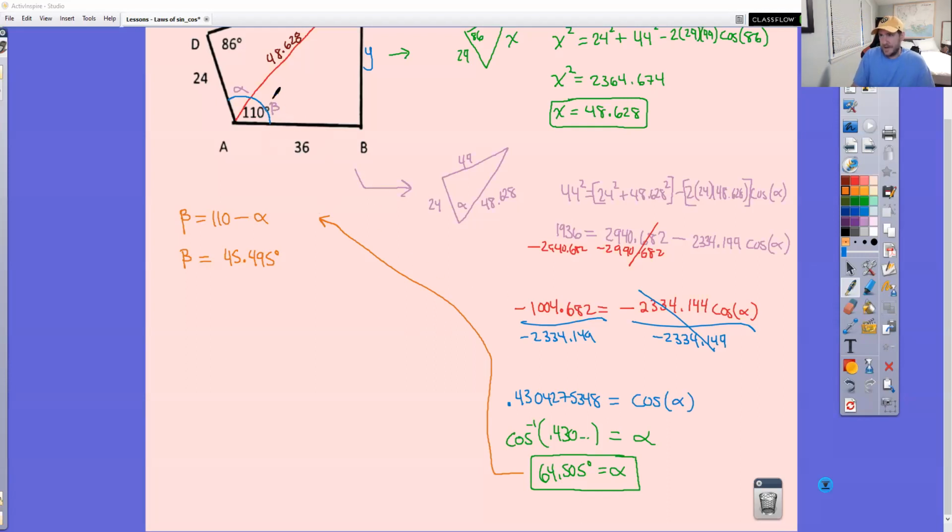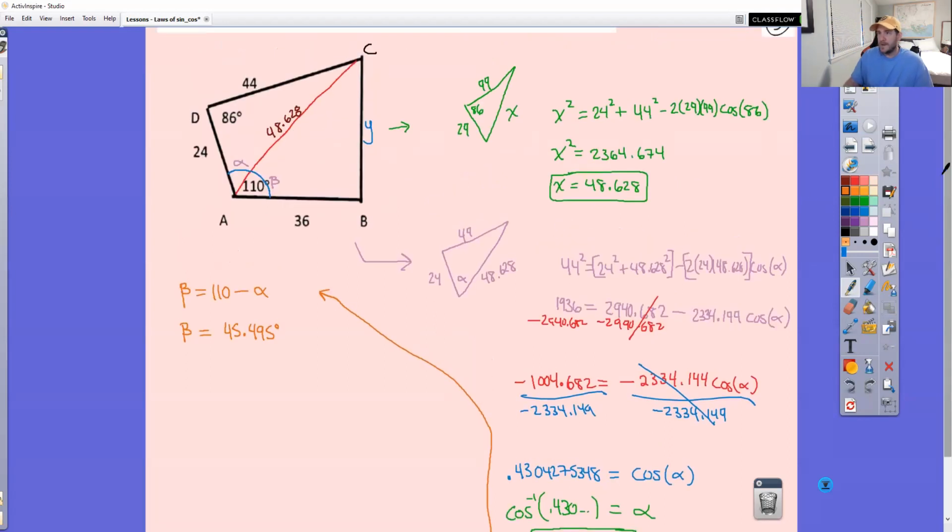We now have beta, which means now we can focus our sights on triangle ACB. So this one, A to C to B. And so now the information we have is we've got angle B at 45.495. We know that we want to solve for BC.